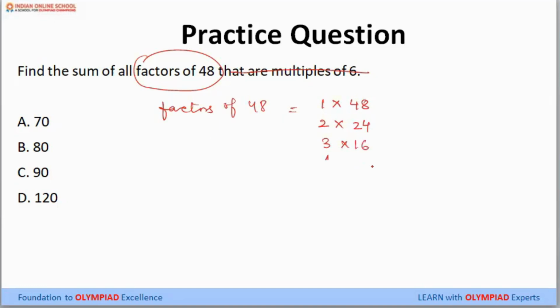In four table? 12. In five table, 48 is not there. In six table? 8. In seven table, 48 is not there. In eight table? 6.